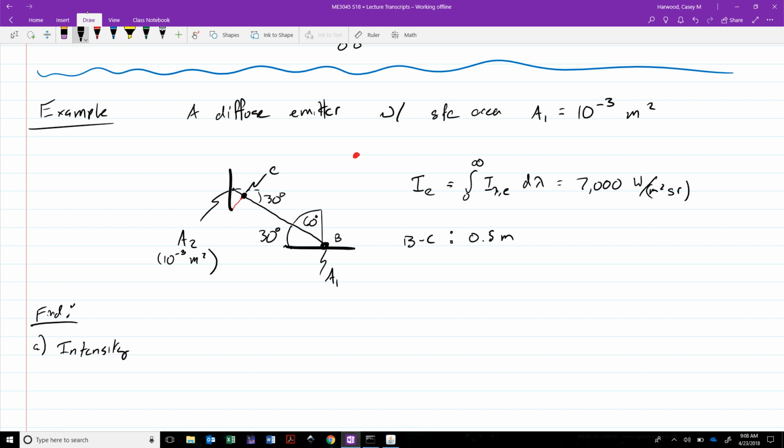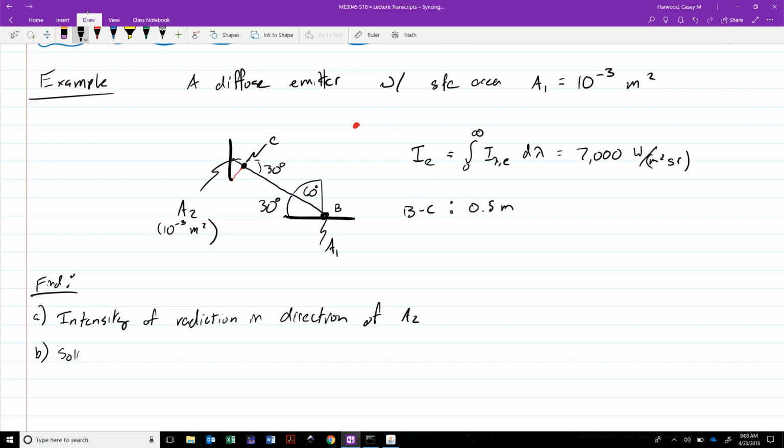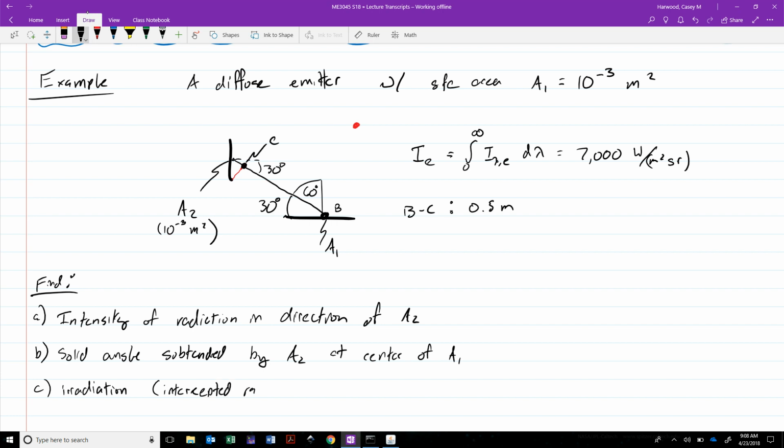The intensity of radiation in the direction of A2, the solid angle subtended by A2 at the center of A1, and the irradiation, or intercepted radiation, from A1 to A2. So three things.